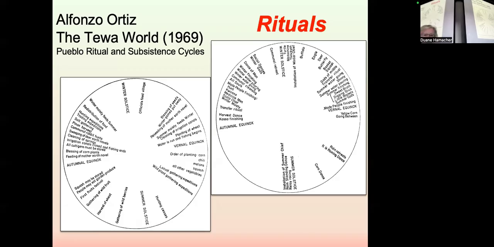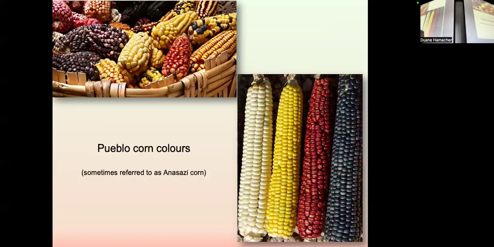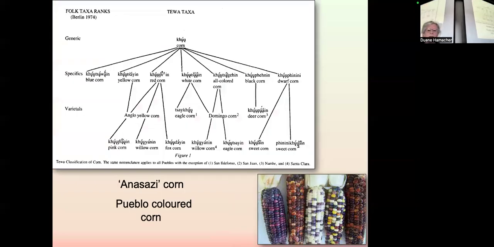Now, they have umpteen varieties. If they just planted yellow corn as we did and had a bad season, you'd starve the entire population. They have seven varieties. Multiple varieties. Now, if you've ever grown corn, it cross-pollinates.